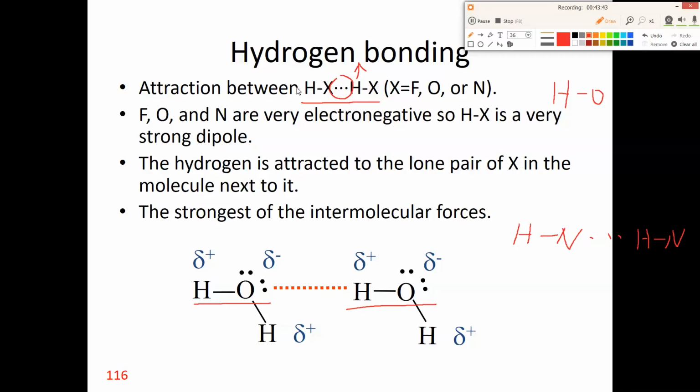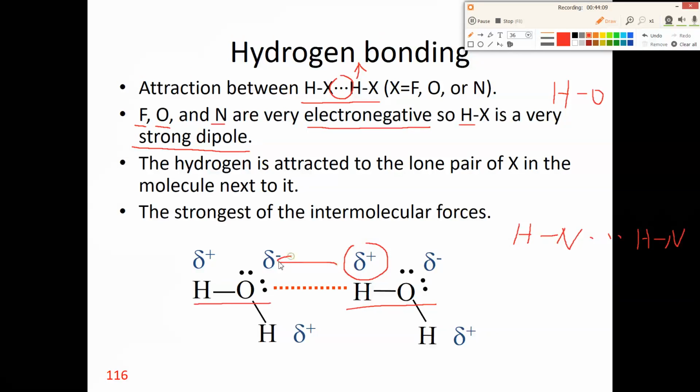So why does this hydrogen bonding exist? Because fluorine, oxygen, and nitrogen are very electronegative, and the electronegativity value of hydrogen is much less than that of fluorine, oxygen, and nitrogen. So those bonds have a very strong dipole. The partial positive charge on hydrogen is attracted to the partial negative charge on the lone pair electrons.